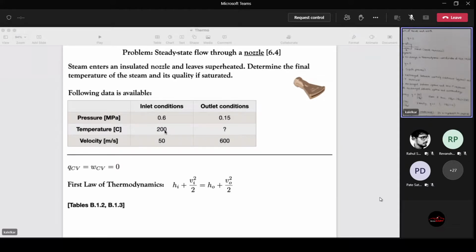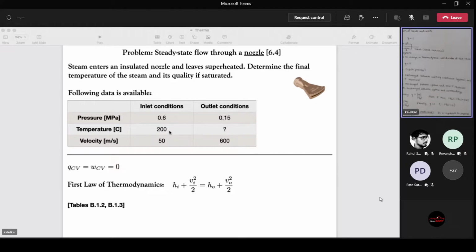Let's say we look at the second table. If you look at the second table, B.1.2, then at 600 kilopascal, the temperature is given to be 158.85 degrees Celsius. But in the problem, the temperature is given to be 200. So this can't be right. We will go to the superheated table.